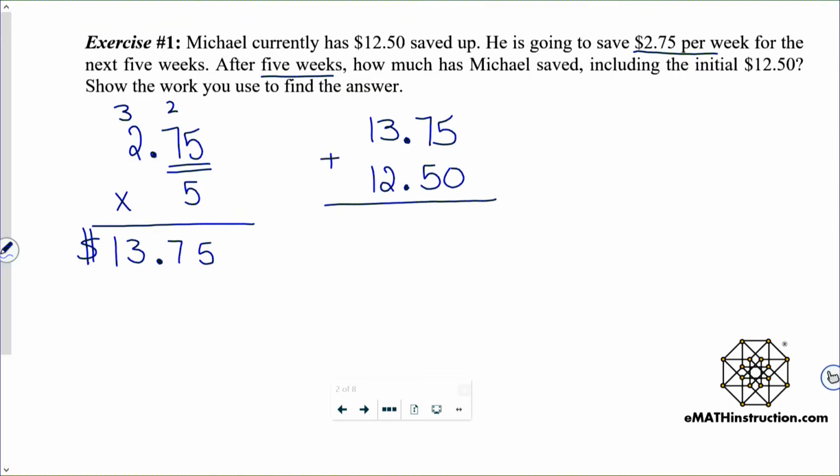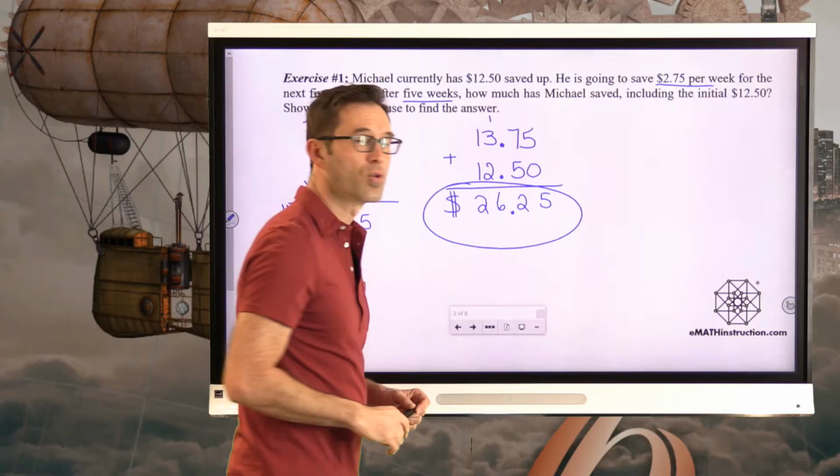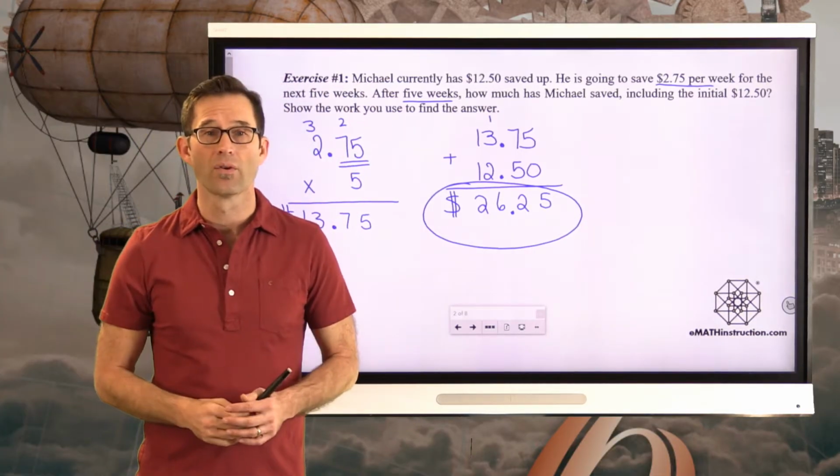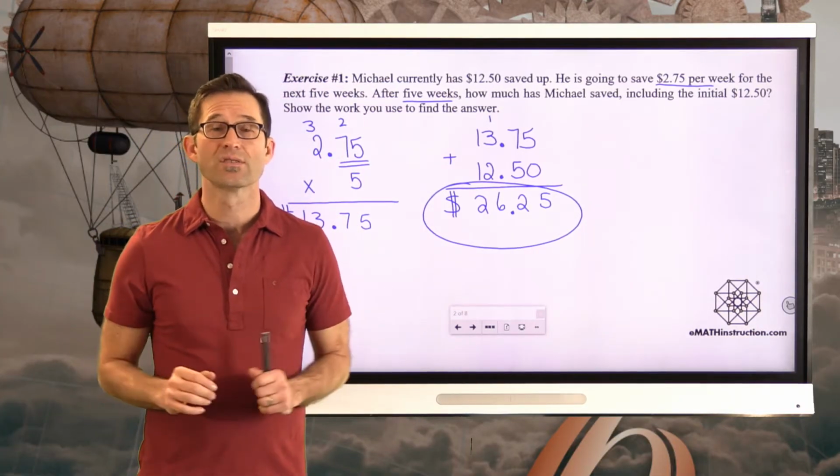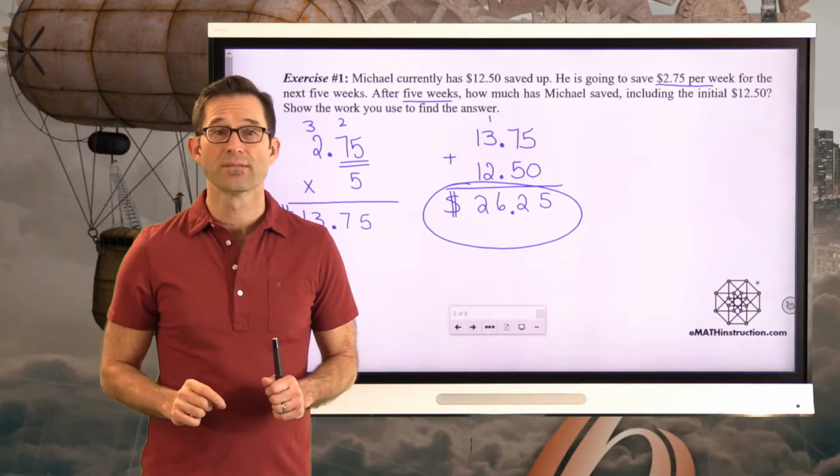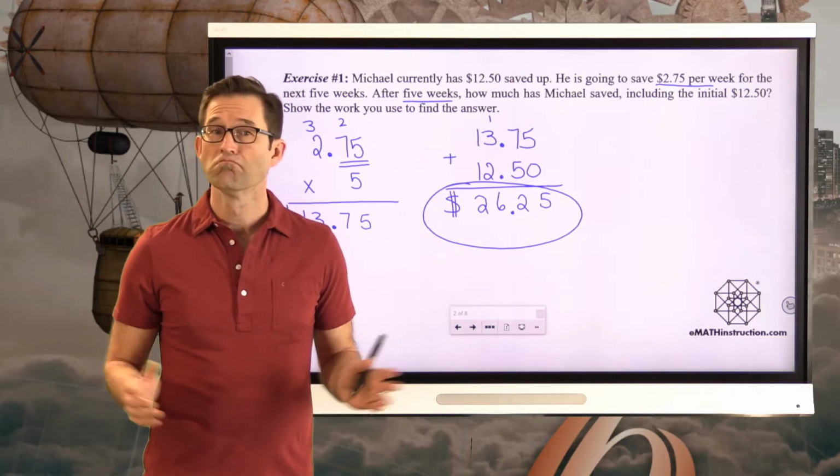Add those. This is just like adding normal numbers without decimals. And what we find is that in total, Michael has saved $26.25.